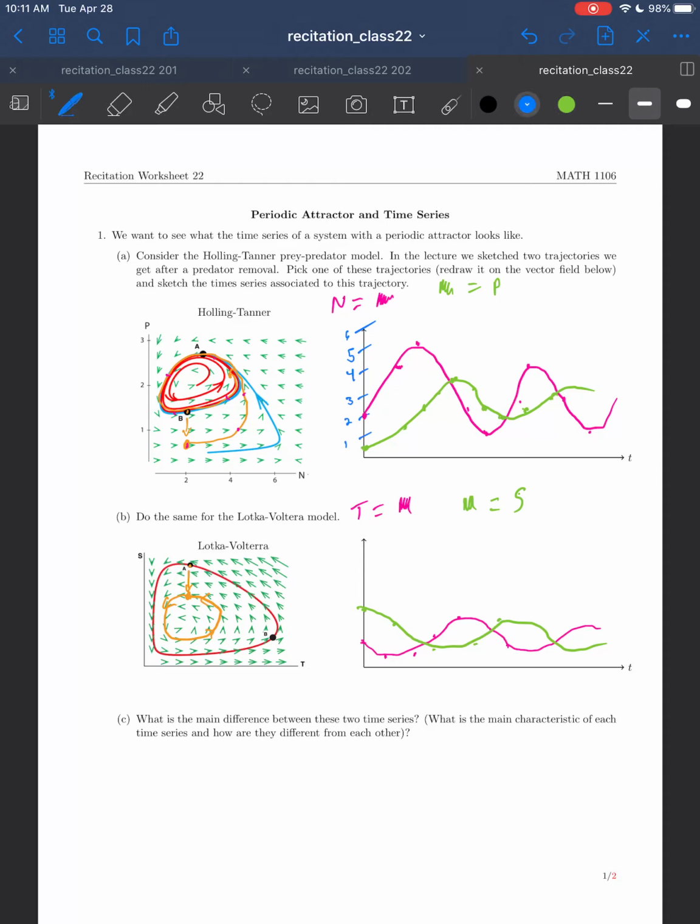The important things that we really want to look at here are what are the differences. Okay, so we can note that we have some sort of oscillation going on in both. But in the Holling-Tanner model, HT for Holling-Tanner, the amplitude of the oscillations is decreasing.